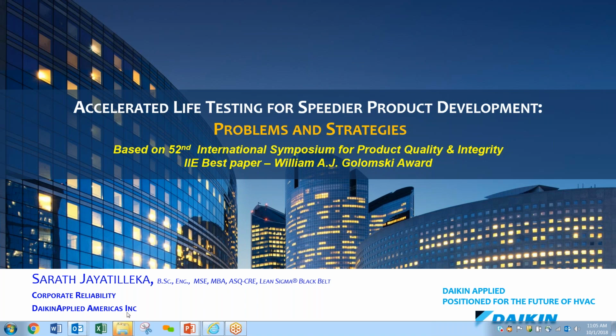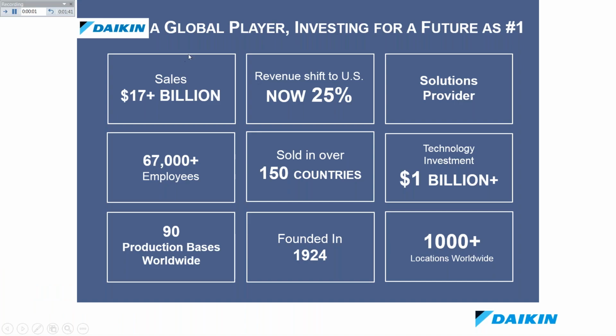Just to give a little introduction to Daikin, we are a global player. We are number one in the HVAC industry in the world, 17 plus billion in sales, founded in 1924, present in 1,000 plus locations around the world, 90 production bases, 67,000 plus employees.